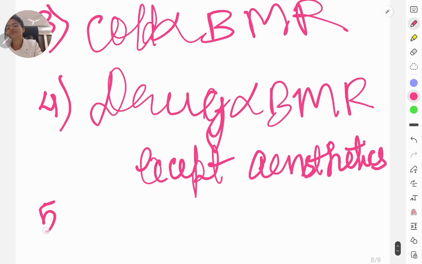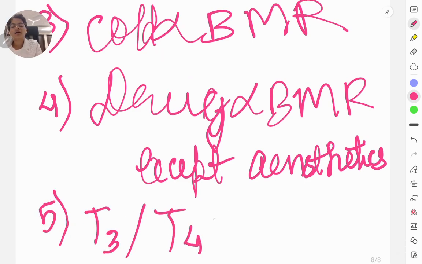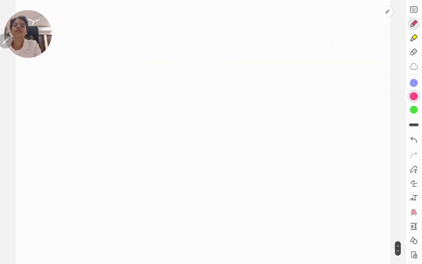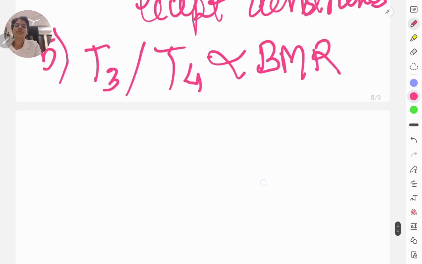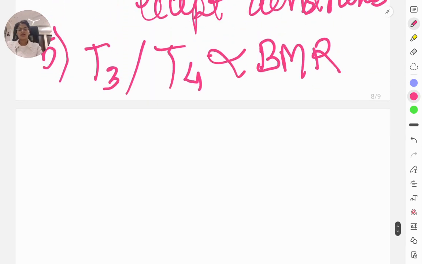Then T3 and T4, which are the hormones of thyroid, would increase the BMR, therefore it's stimulatory. Then there are other hormones like epinephrine and cortisol and all.